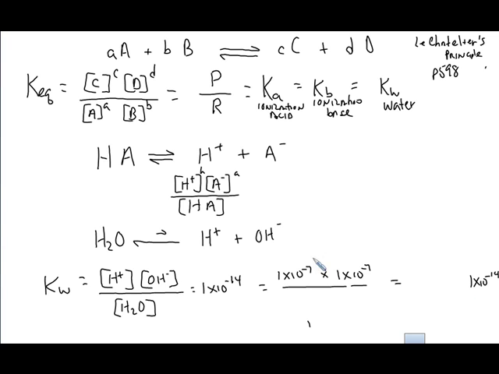Now, this value right here is 0.0000001, right? In other words, that's 1/10,000,000th. That's how many dissociate. Got it?